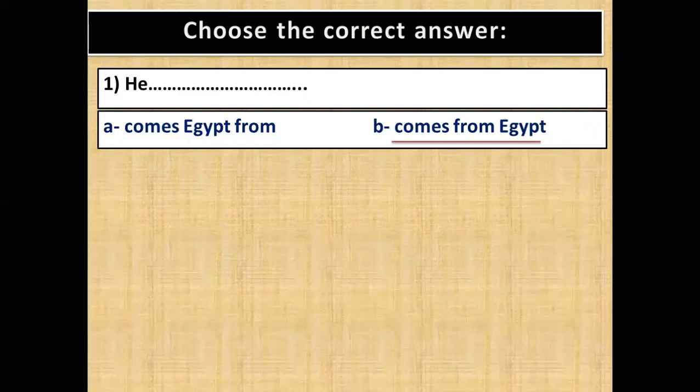Why? Because come from is a phrasal verb. It's inseparable. Why? Because we can't separate come and from. We can't separate the verb and the particle. We can't say he comes Egypt from. It's wrong. The correct one is he comes from Egypt.